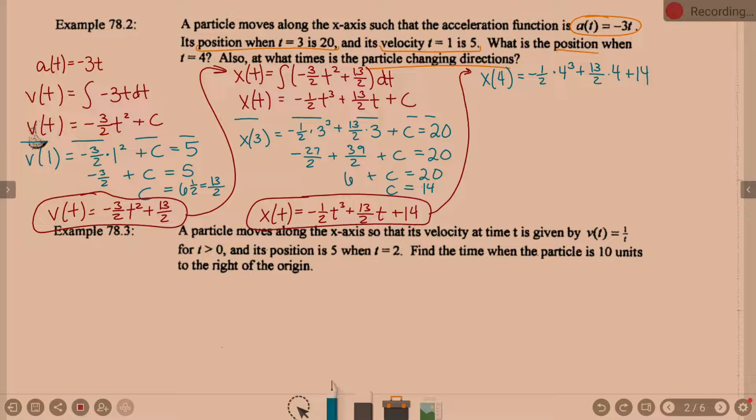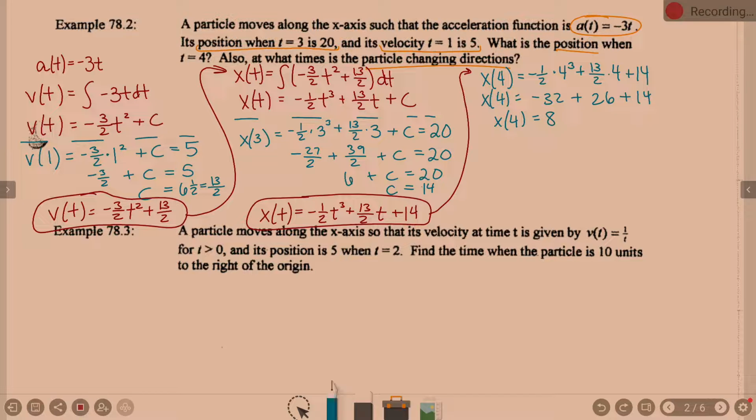Okay. 4 cubed is 64. Negative 1/2 times 64 is negative 32. 13 halves times 4 becomes 13 times 2, so 26 plus 14. Negative 32 plus 26, negative 6 plus 14, 8. So x of 4 is 8.